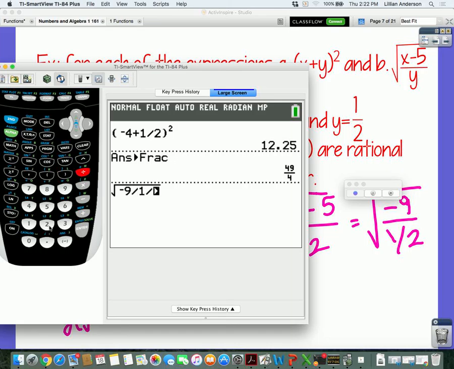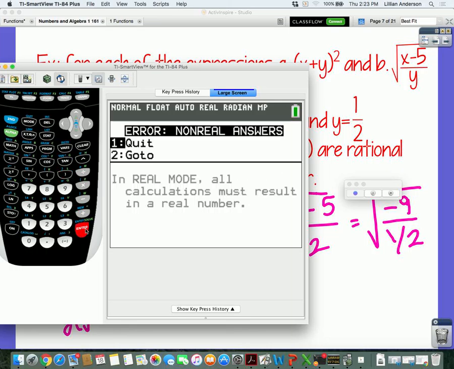If you just did 1 divided by 2, the calculator is going to take -9 divided by 1, which is -9, then take that answer and divide it by 2, then take the square root. We don't want the calculator to do that. We want it to literally do -9 divided by the fraction 1/2. So include your parentheses around the 1/2 so the calculator knows you're dividing -9 by 1/2.